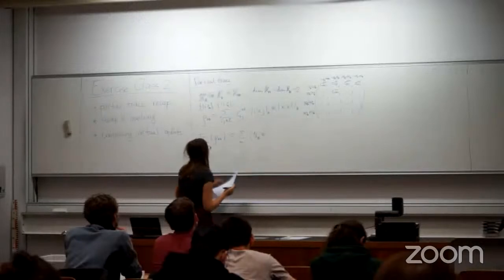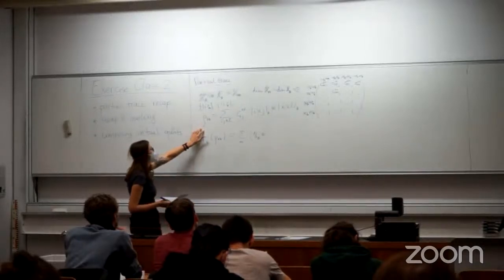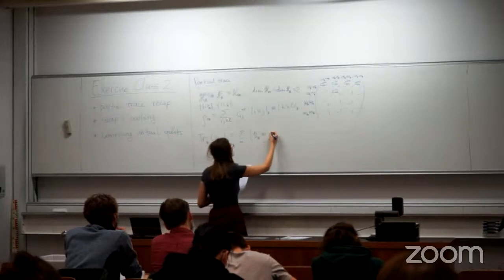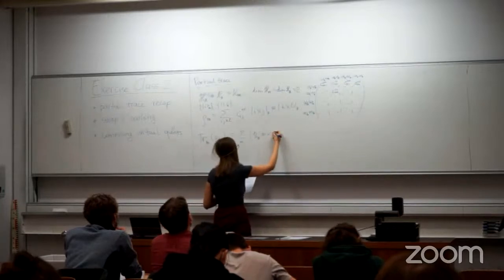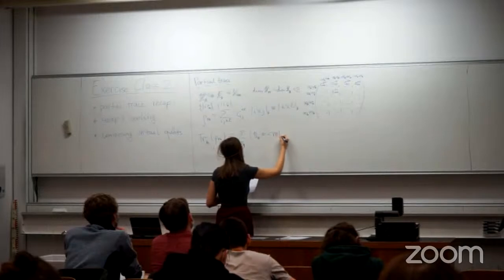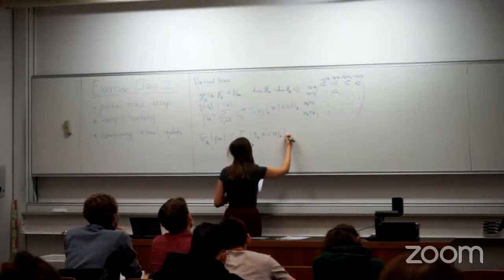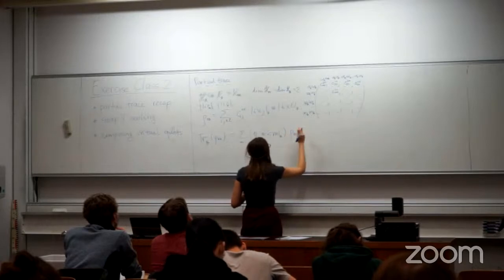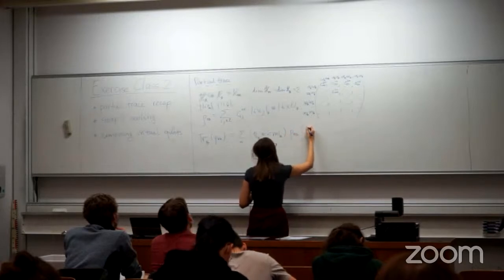We just sandwich our density matrix in between the basis states for the second system, and we don't do anything else on the first system.